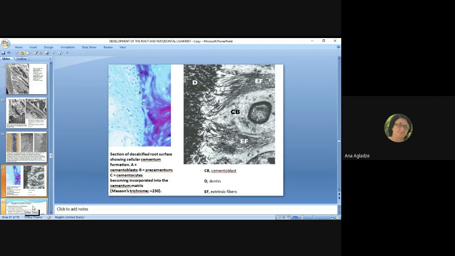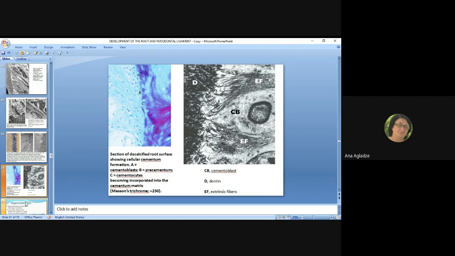Then, very often, in addition to these four differently structured types of cementum, intermediate cementum has been described as a separate fifth type, supposed to be found as a separate layer between root dentin and the cellular mixed fiber cementum.